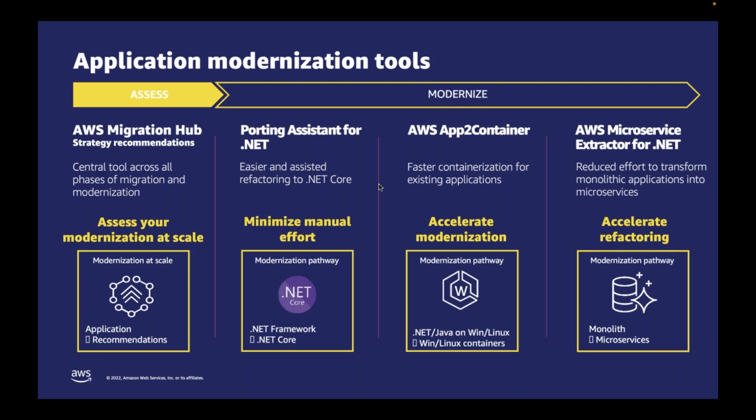And so late last year, we launched AWS Migration Hub Strategy Recommendations. It's a central tool that you can use across all phases of migration and modernization. This assesses your portfolio of applications and provides recommendations on the modernization pathway.